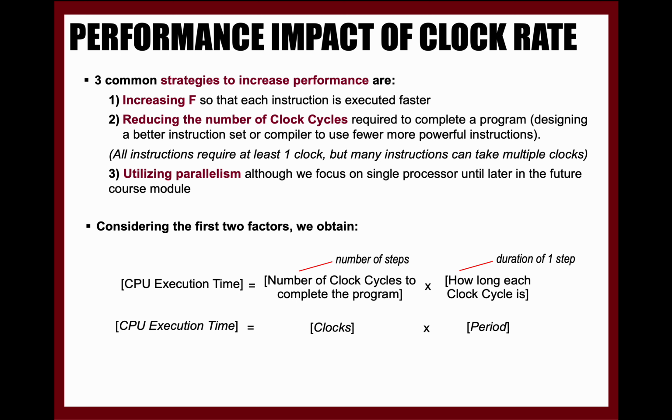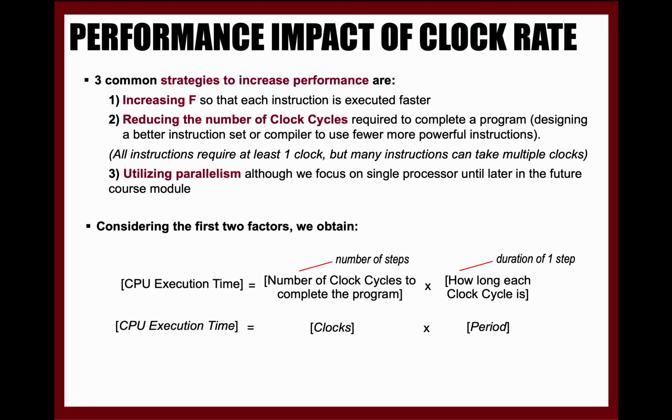Number three, utilizing parallelism. This involves running multiple instructions simultaneously. However, this slide focuses on a single processor, and the depth of parallelism will be explored later in the course. Now, if we consider the first two factors mentioned above, we can determine the CPU execution time.